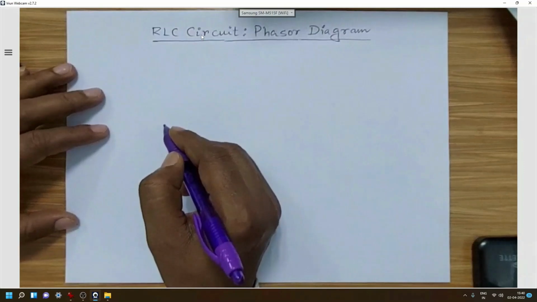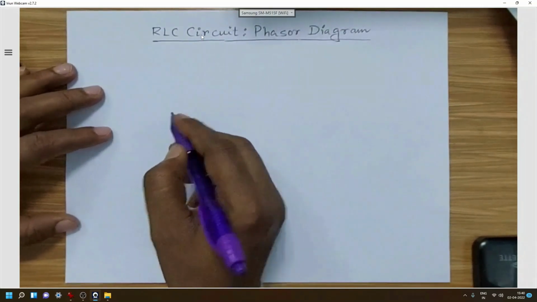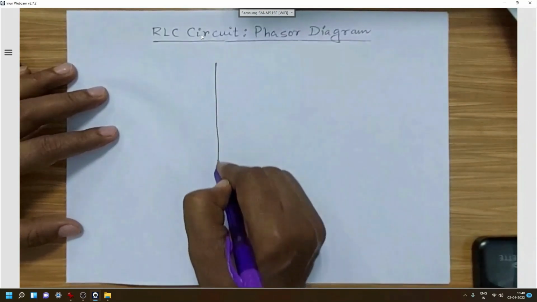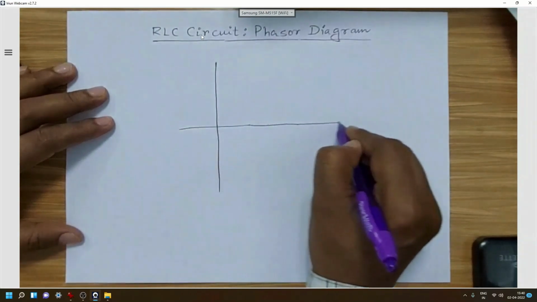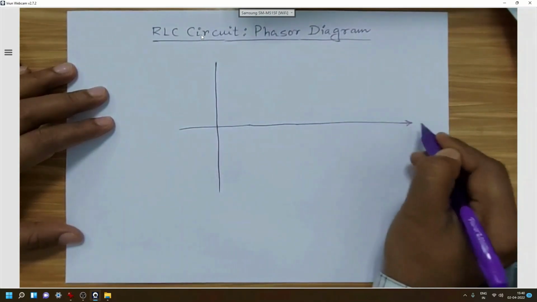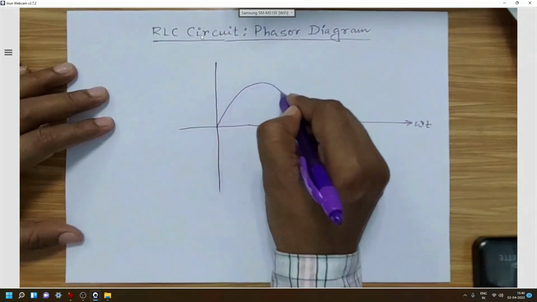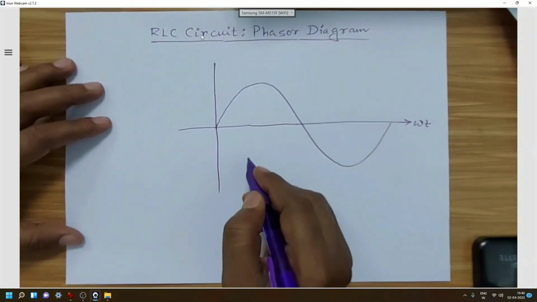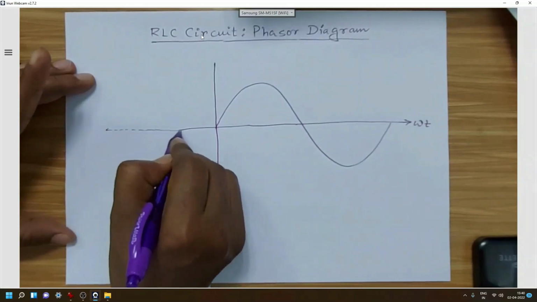What is the relation between a sine wave and its associated phasors? To understand this relation between the phasor diagram and a time varying sinusoidal wave, we have to draw the omega t axis and one sinusoidal signal like this, though it is not very correct, just hand drawing, so we can consider that it is sinusoidal in nature.